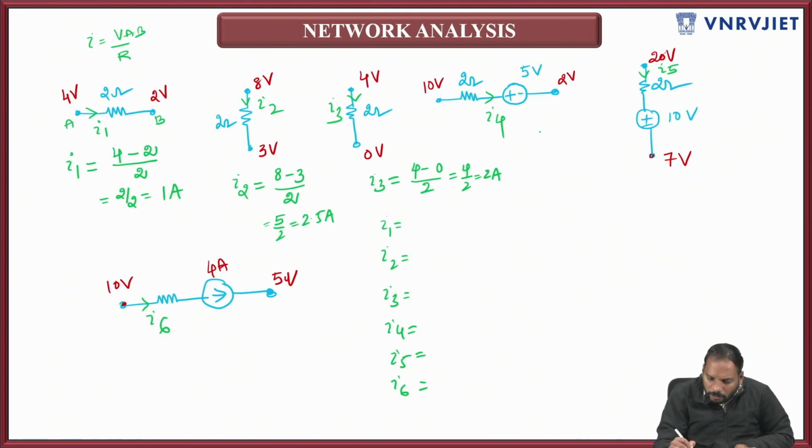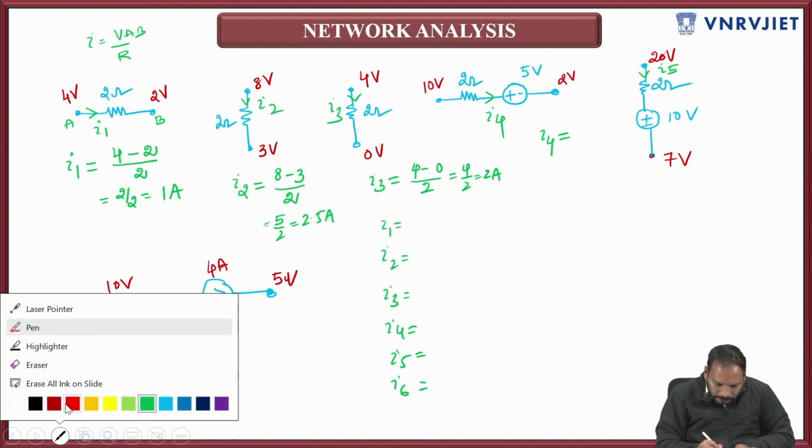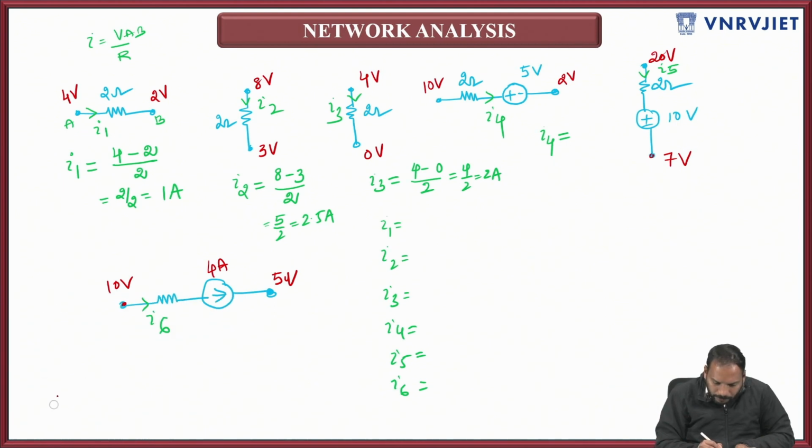Now lastly, the value of I4. You should be very clear how to apply this. I'll try to show you with the maroon color. See here, this is 10 volts. The descent voltage is very important to calculate I4.